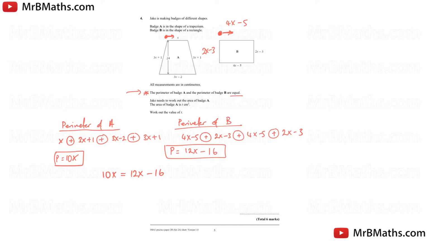We can do minus 12x on both sides. That will give us minus 2x equals minus 16. Then we can multiply by negative 1. That will convert this to 2x equals 16, so we've changed both negative signs into positive.